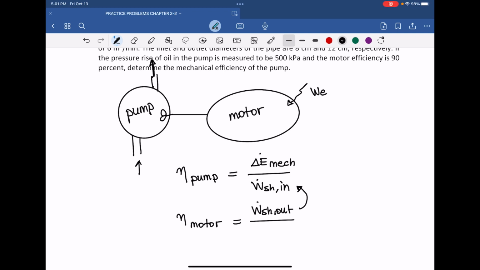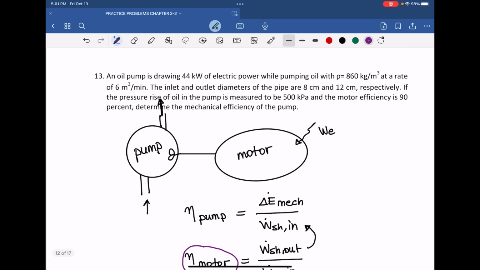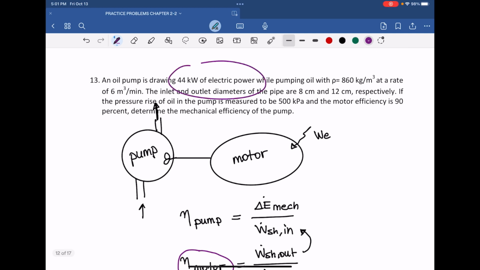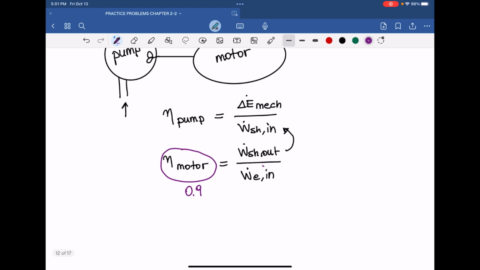So output is the shaft power, and what is getting in is the electric. Now looking at this, they give me this value. They say it's 90%. And they also give me the electric power here, 44. That tells me I should be able to calculate what is the shaft work output.